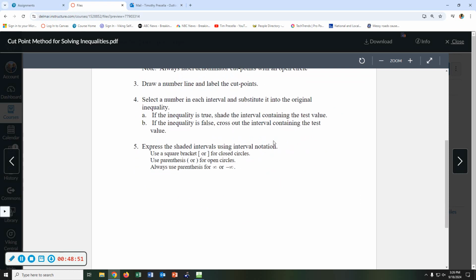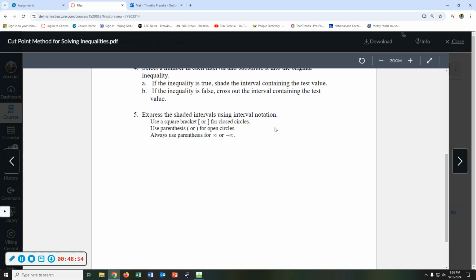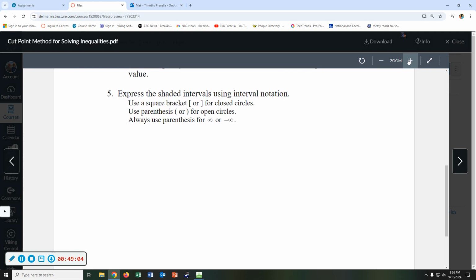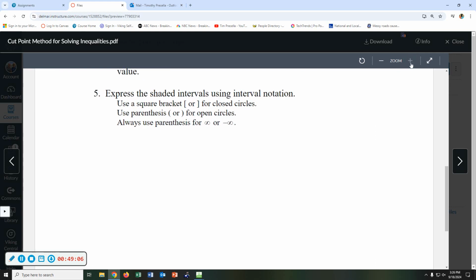What I wanted to look at is step 5. When you get to step 5, you will have drawn a number line with shaded intervals. And here's step 5. That's what he's been doing, reviewing this interval notation.